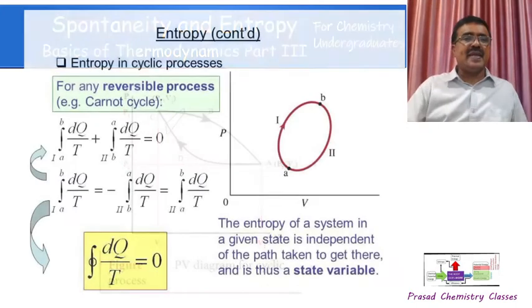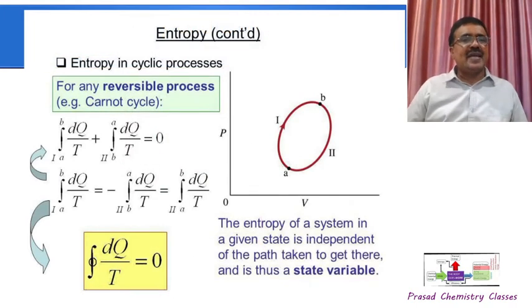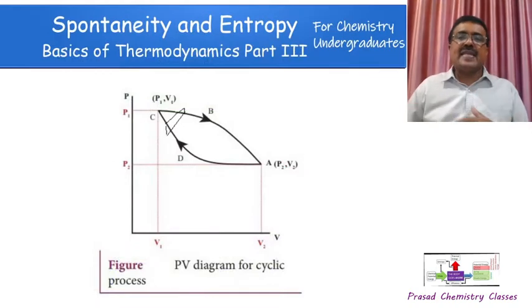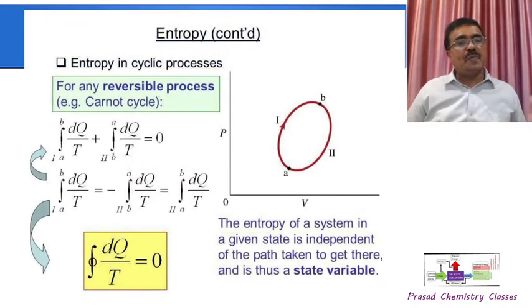So what does it indicate? You can consider the dq by T term for each infinitesimally small Carnot cycle, and that along A to B plus that along B to A, the total should be equal to 0. Of course, it will be equal to 0. We have already shown this by Carnot's theorem if you add these two together.